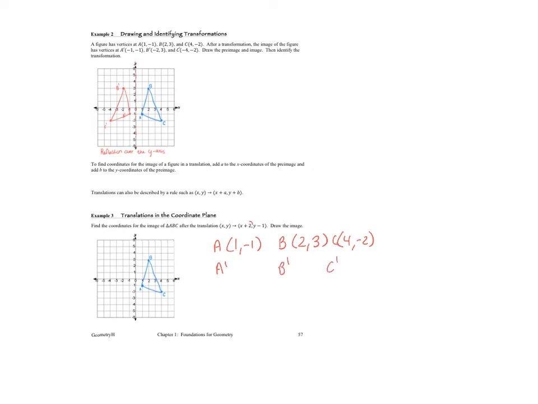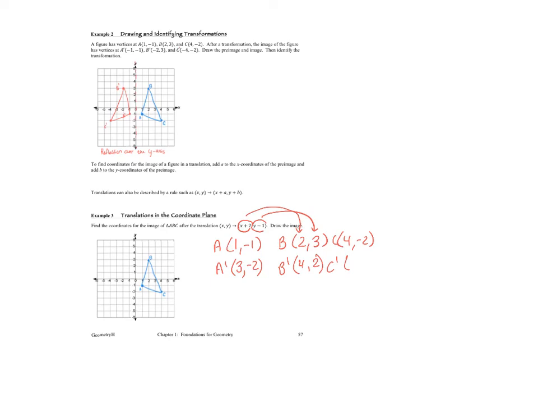Now remember that the x is adding 2, so I'm going to add 2 on my x value, so 1 plus 2 gets me 3, and the y is subtracting 1. So negative 1 minus 1 is negative 2. Same thing for this x value. I'm going to do x plus 2, so 2 plus 2 is 4, and for this I'm going to do y minus 1, so 3 minus 1, which is 2.